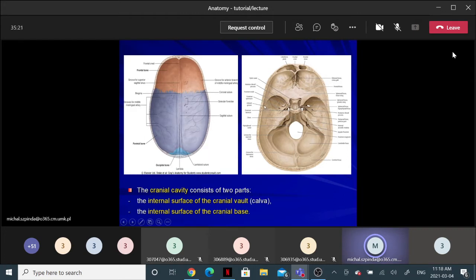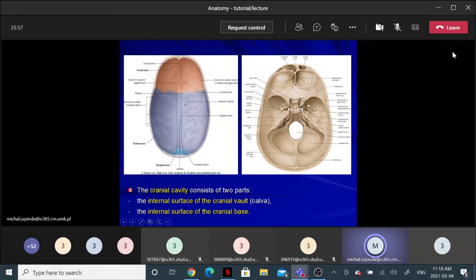Such a boundary passes on both sides through the posterior margin of the lesser wing. Afterwards, the margins of the anterior clinoid process, which refers to the lesser wing, and the posterior margin of the anterior root of the lesser wing.